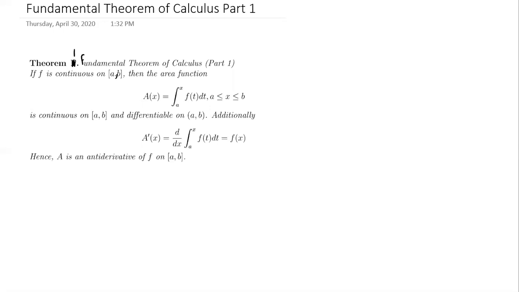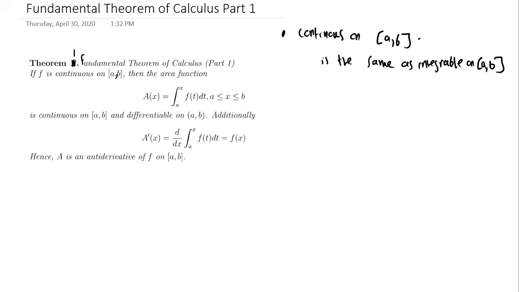If f is continuous on the interval [a, b], and remember, for us continuous is the same as integrable. I keep stating this so that it's ingrained in your heads that continuous on an interval [a, b] for us is the same as integrable on that interval, which is the same as saying that the definite integral exists.